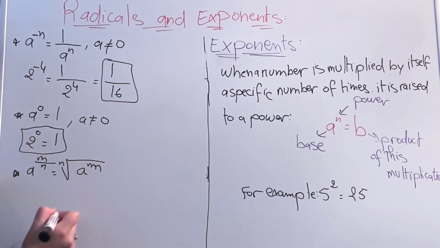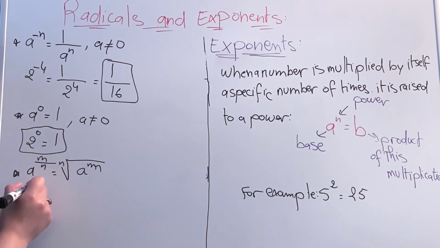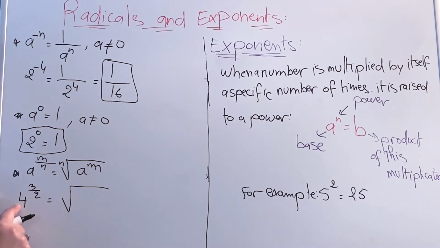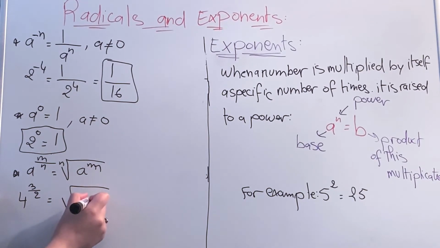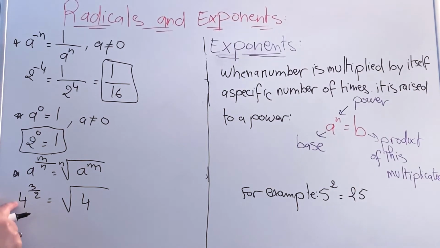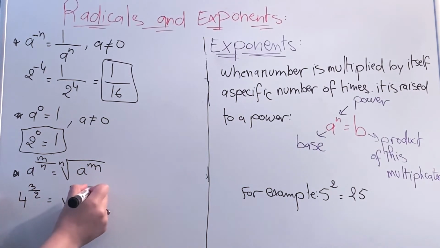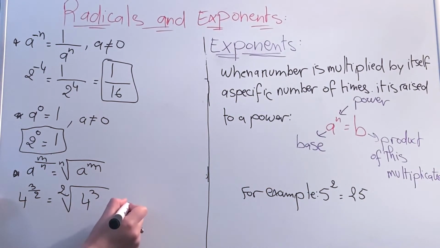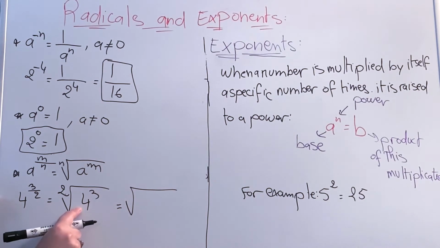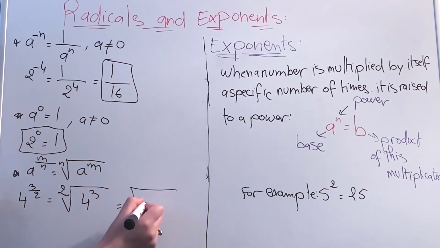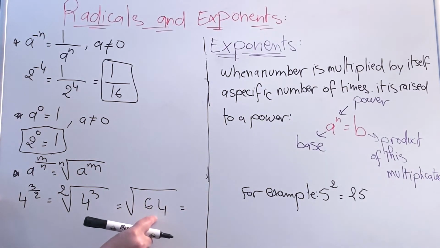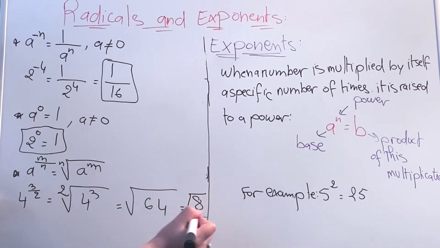For example, 4 raised to the power 3 over 2: we take the base 4, then the power 3, and then the index 2, and that's equal to the square root of 4 cubed, which equals 64, and the square root of 64 equals 8.